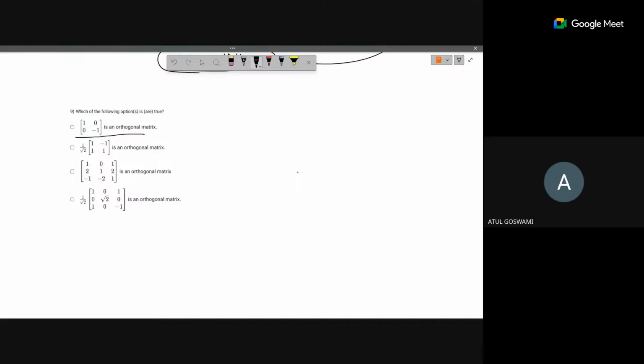I will take this matrix 1 0 0 minus 1, and I'll take the transpose of this, 1 0 0 minus 1. This is the transpose of this matrix, and I'm calculating the product. The product would be 1 0 0 1. So this is the identity matrix. Yes, so this is true. Similarly, check for the others.